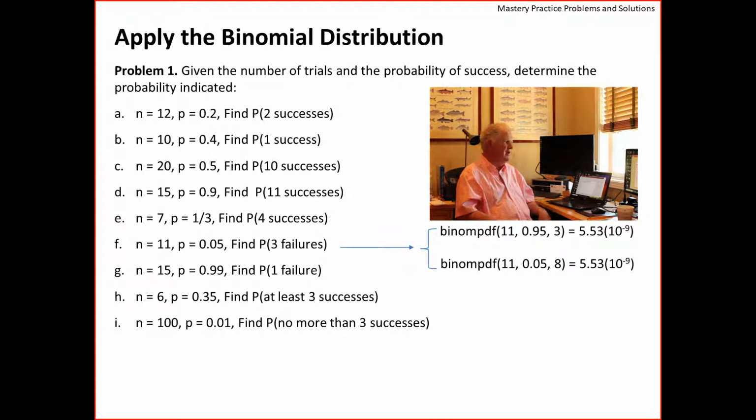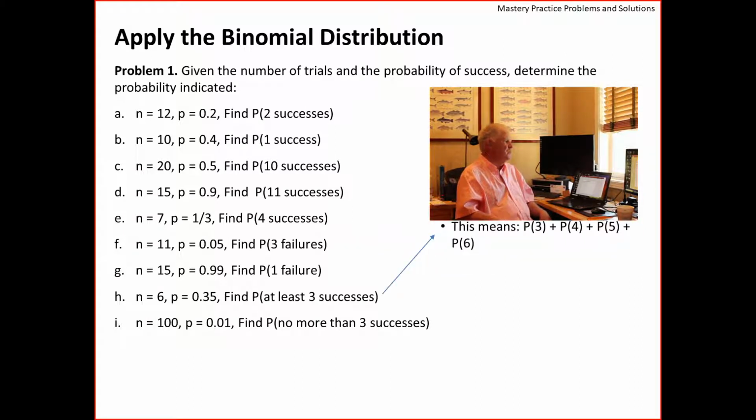Let's talk quickly about the last 2 problems, H and I. So H says you got 6 trials. You got a probability of success of 0.35. Find the probability of at least 3 successes. So there's that "at least" again. At least means this.